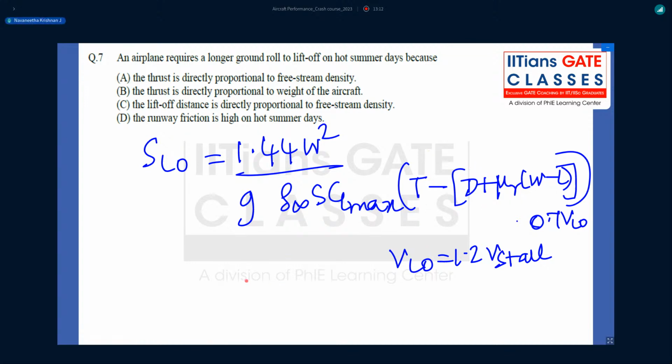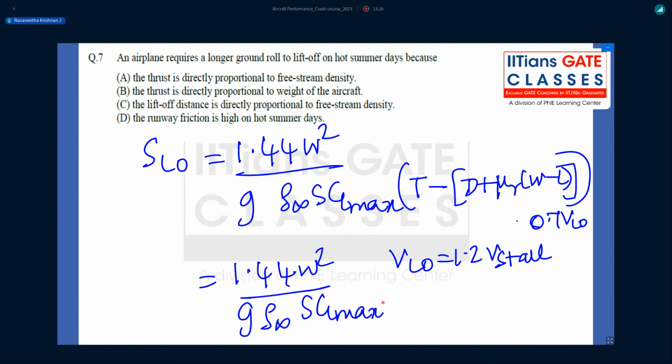Now, since thrust is far greater than this component, we can assume that S liftoff is directly proportional to 1.44 W squared by g rho infinity S CL max into thrust. So we can neglect this component.